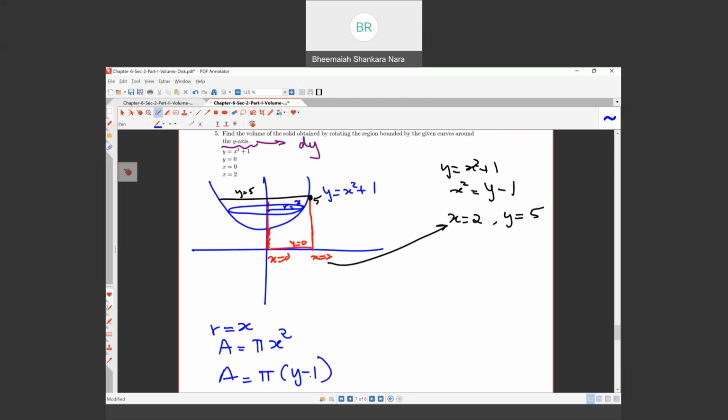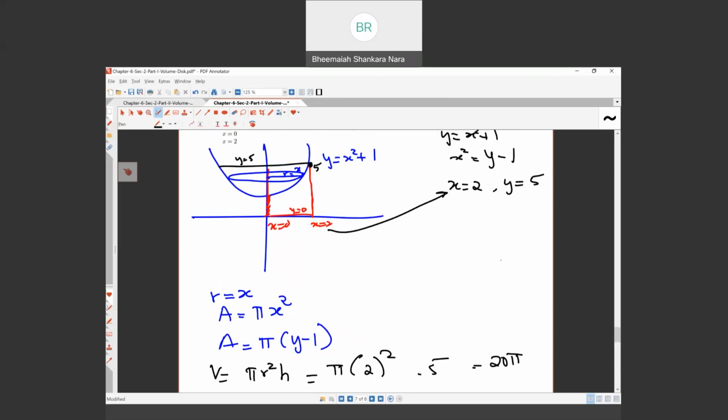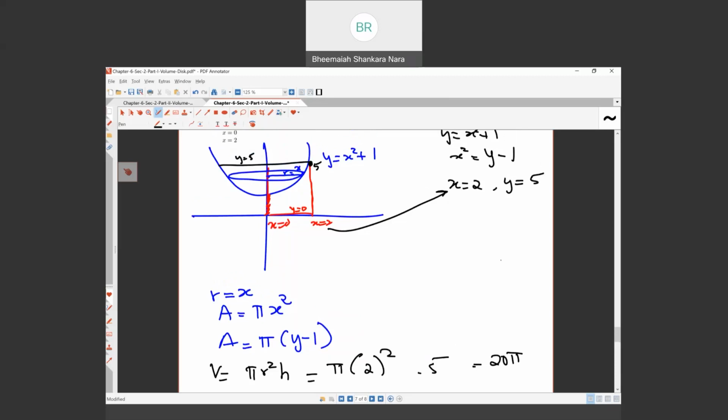Now we find the volume, which is pi r square h. Plug in for r, the radius is 2, and h is 5. Simplify, all you have is 20 pi. So the volume will be 20 pi.